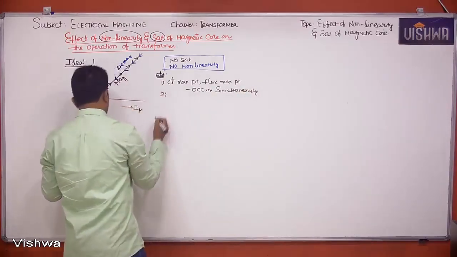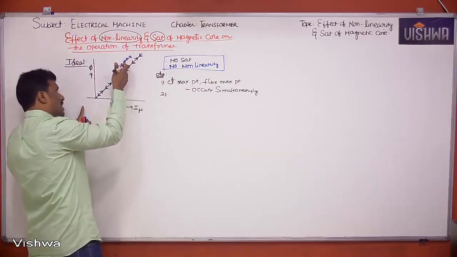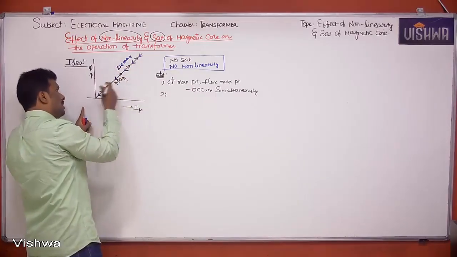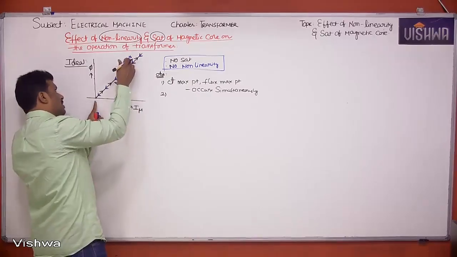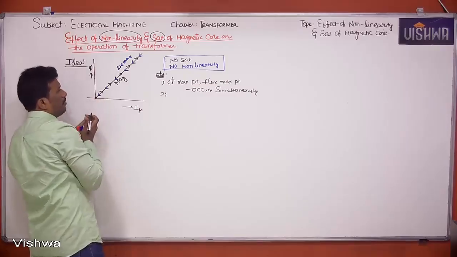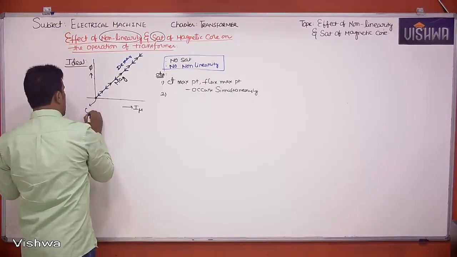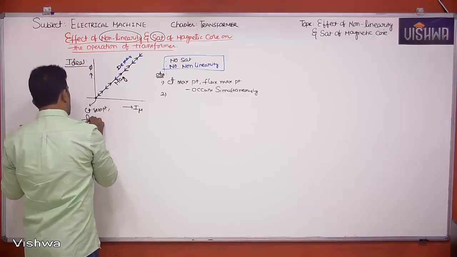And second point, if you reduce current, flux reduces along the same path in which it was increased. If I reduce I mu to 0, flux also comes to 0. That means this is the current 0 point and this is also the flux 0 point.